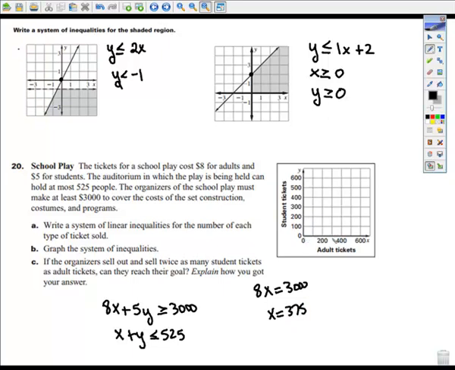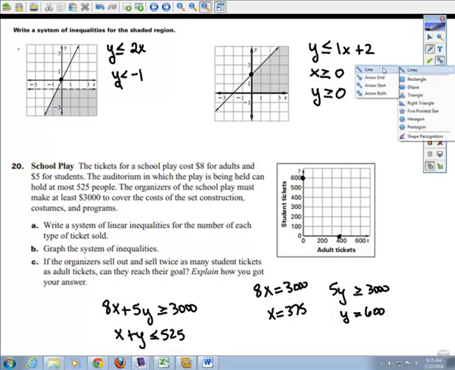So 375, we'll say is right about here. And then I'll go 5y is greater than or equal to 3,000. So y is equal to 600. So right here, this is a solid segment, not a line this time, but a solid segment.